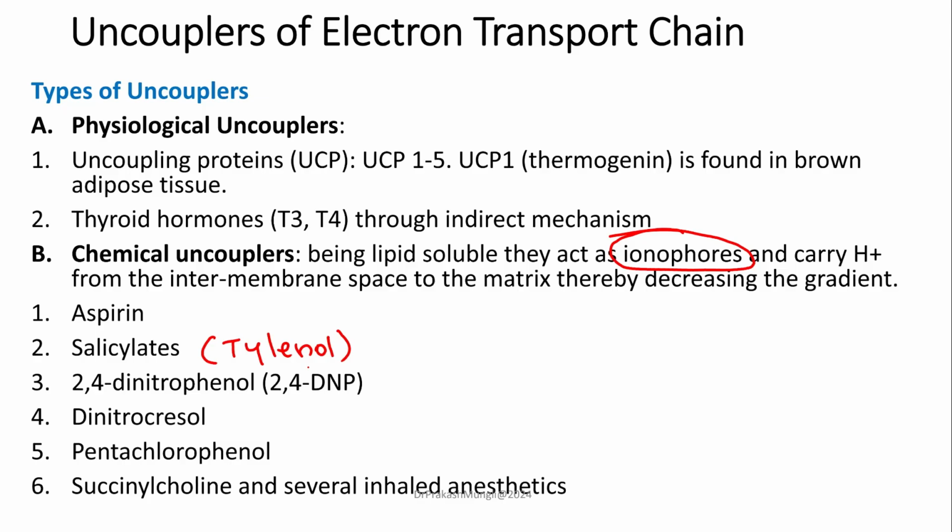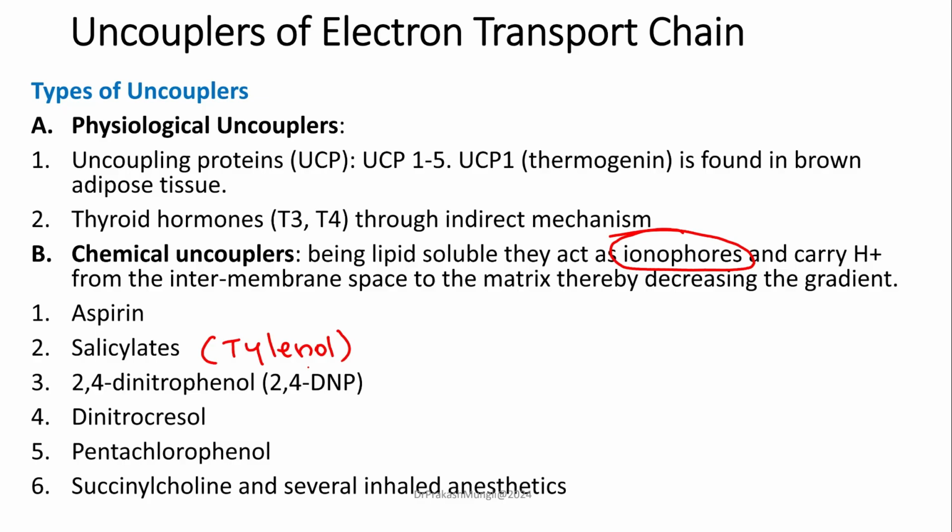See the thing here. You are taking it to bring down the body temperature, but if you take too much, it will bring it up. Tylenol toxicity will lead to hyperthermia and an increase in respiratory rate because of the uncoupling action. Lack of ATP means a need for more oxygen, an increase in the respiratory rate, and respiratory alkalosis. So many complications.